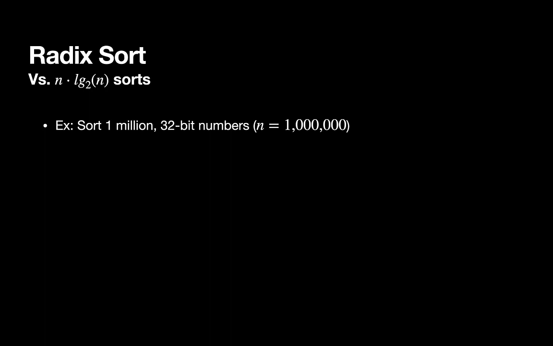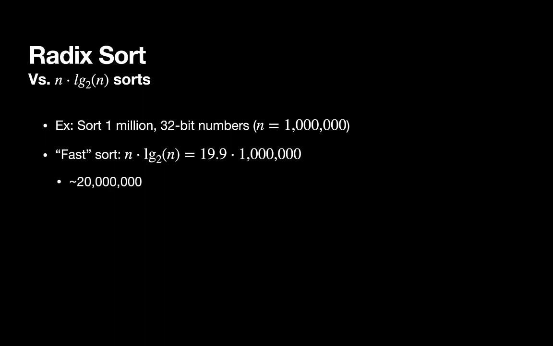For the fast n log n sorts, log base 2 of n is approximately 19.9. So 19.9 times 1,000,000 gives us roughly 20 million operations. Again, this is a simplification, but it gives us a general order of magnitude.